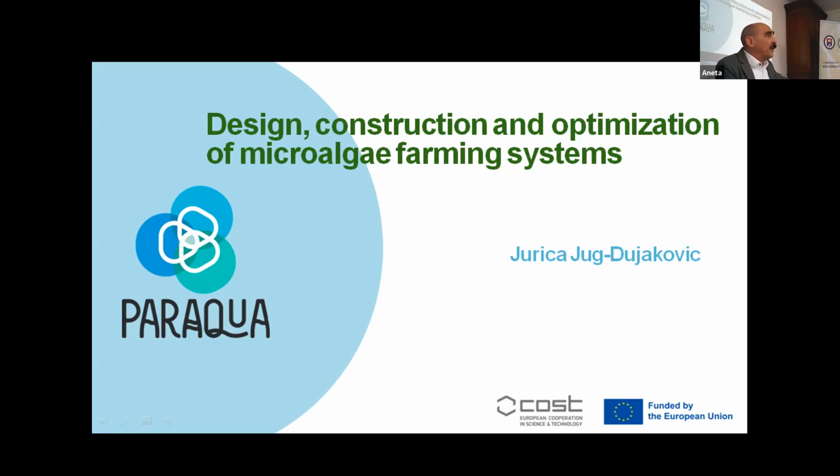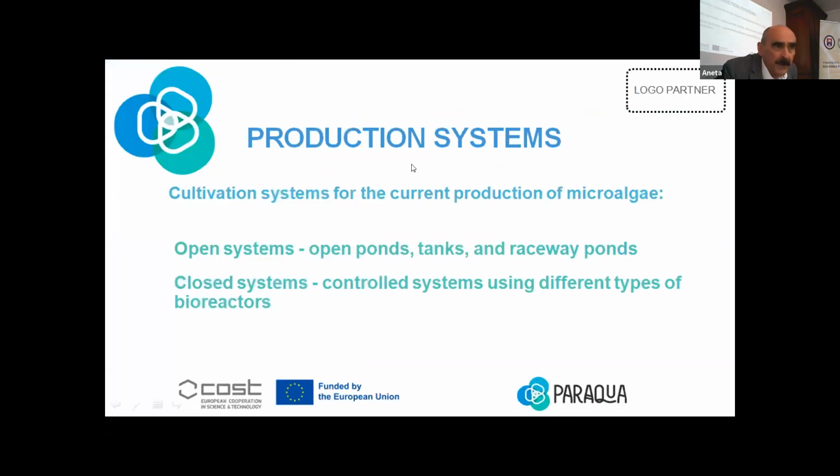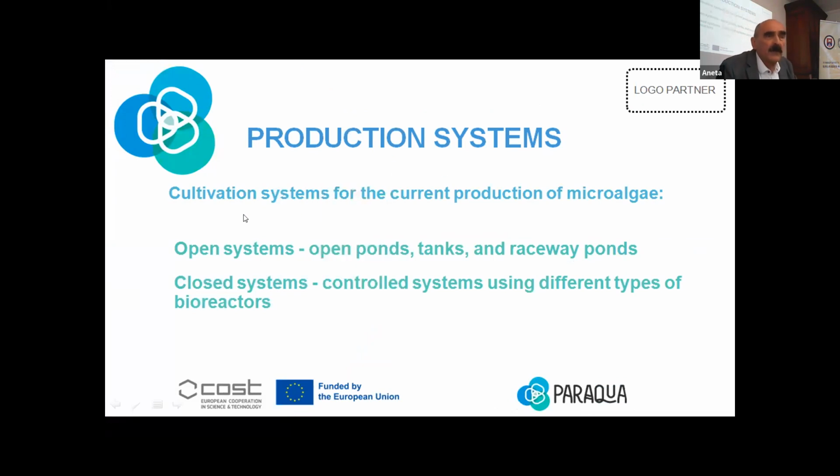So we have what we call an open system, which would be our pond, and then a closed system, which would be this cylinder where we completely control all the environmental parameters relevant for the growth and, of course, for the survival of the organism we want to grow.